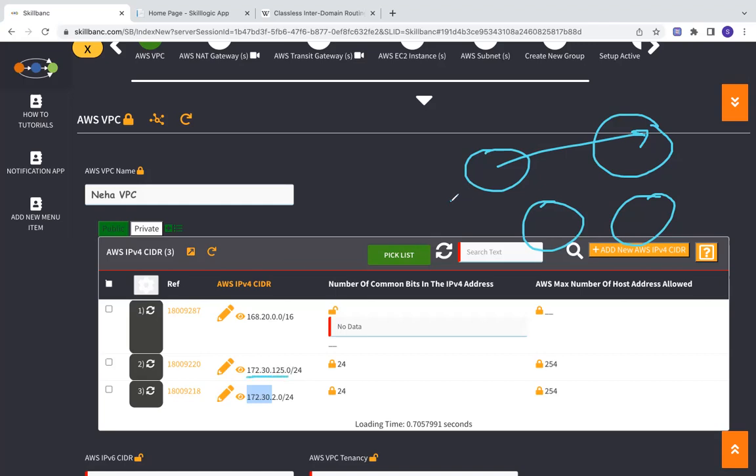And let's say you want to broadcast to this network, to inform this network. On what address will you broadcast? You will broadcast on that 255 address, 172.30.125.255.